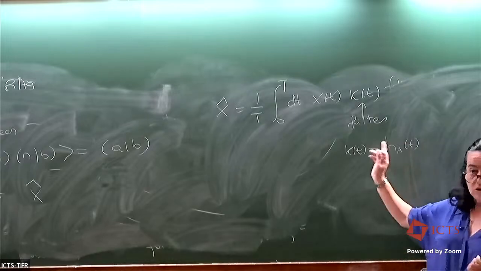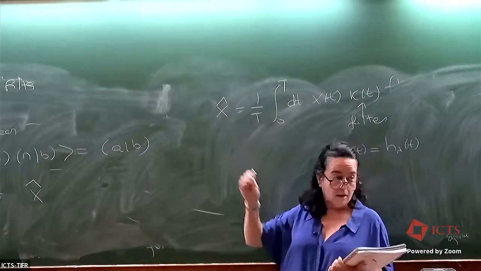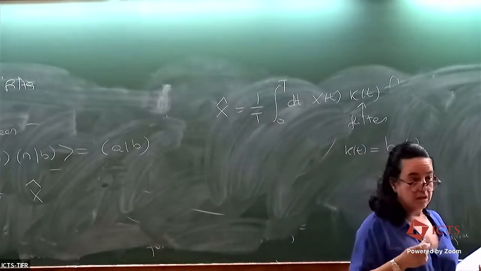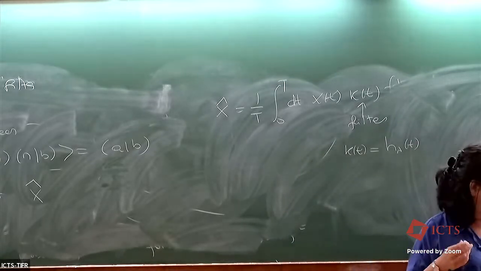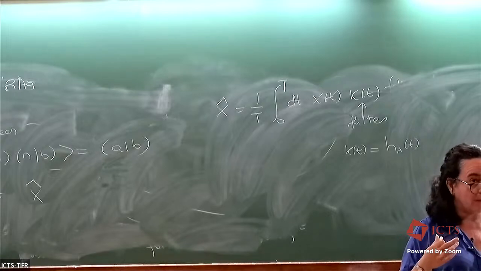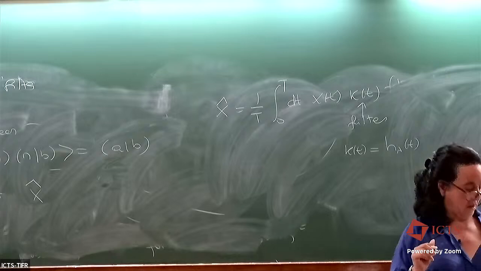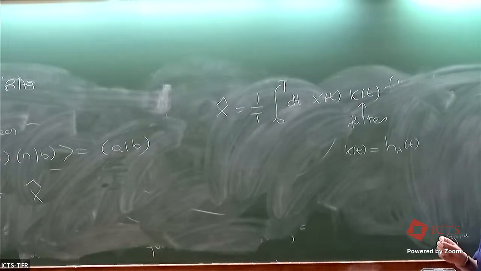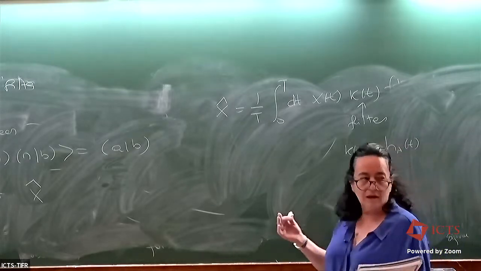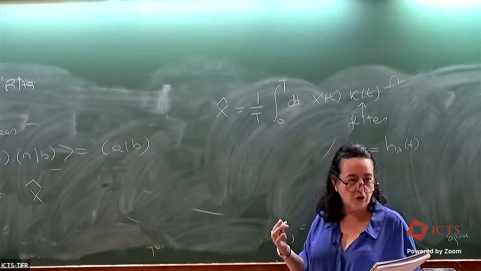Clearly this is going to amplify the value of this integral. Now the question is, is this the best choice? No, not yet. So what is going to be the best choice?